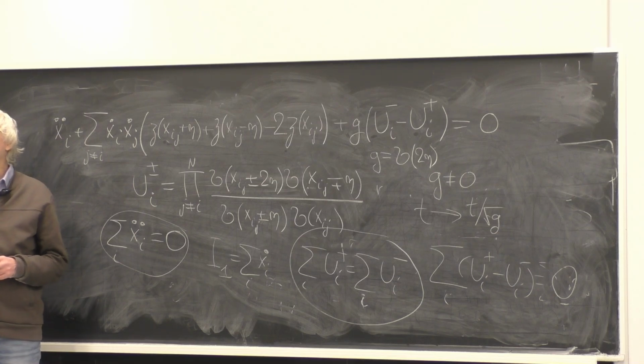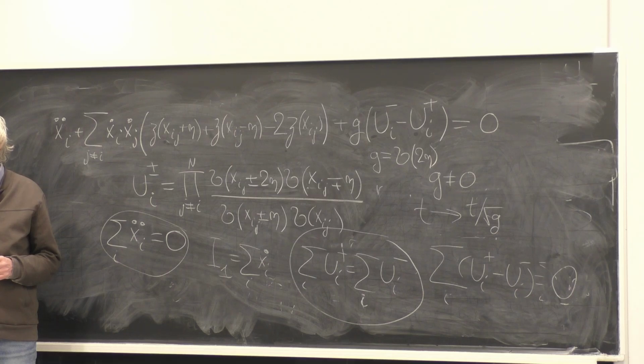We have some conserved flows that are not Hamiltonians. So this system has conserved variables, but isn't Hamiltonian. Yes.